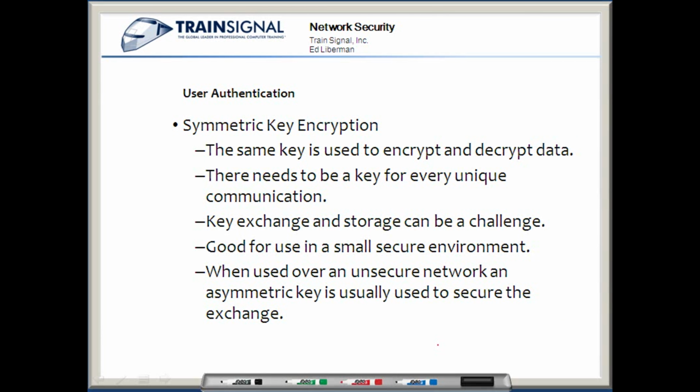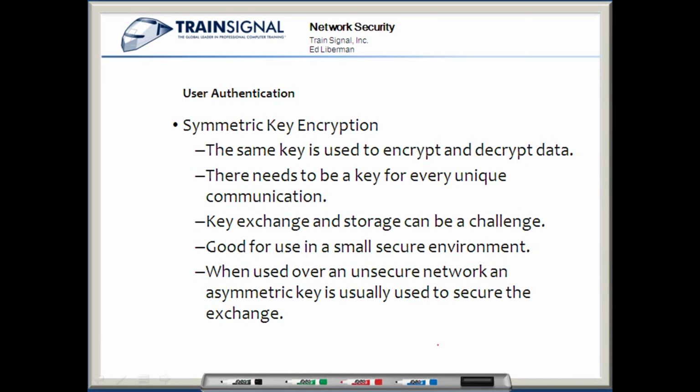Now, let's talk about the differences between symmetric key and asymmetric key. With symmetric key encryption, the same key is used to encrypt and decrypt the data. In other words, if I wanted to have secure communications with you, you and I would both have to possess the same key.